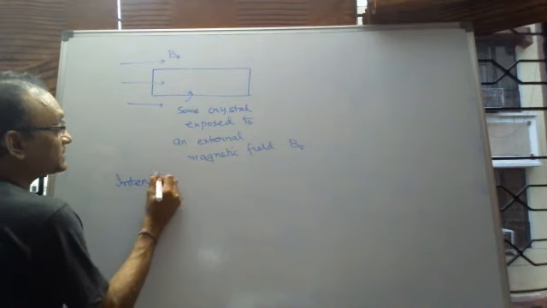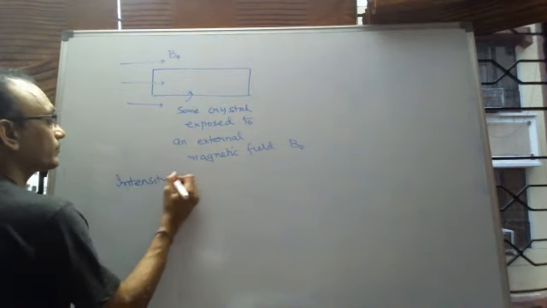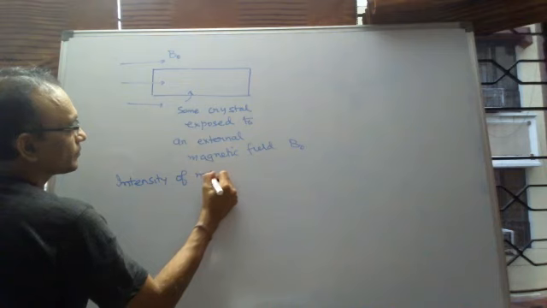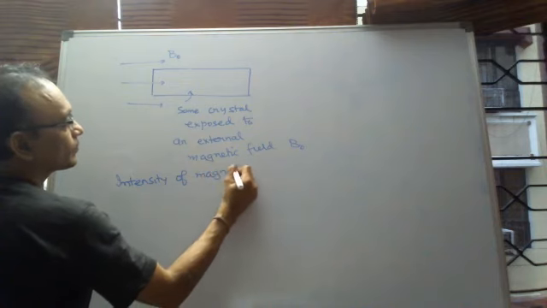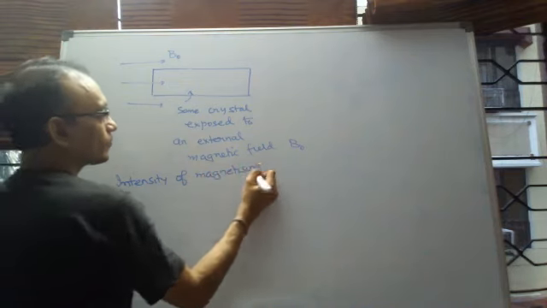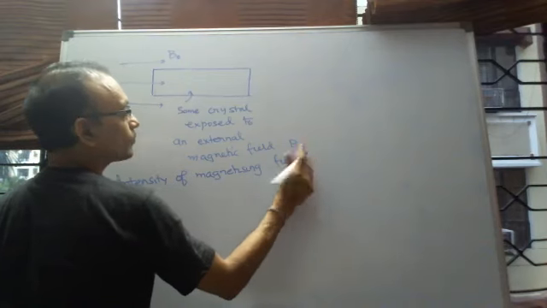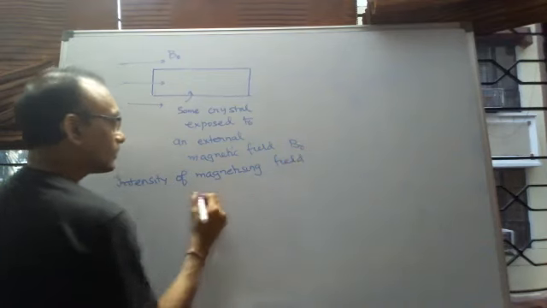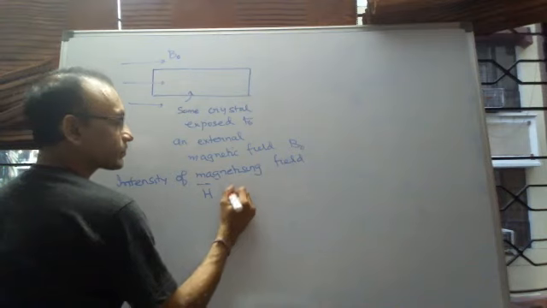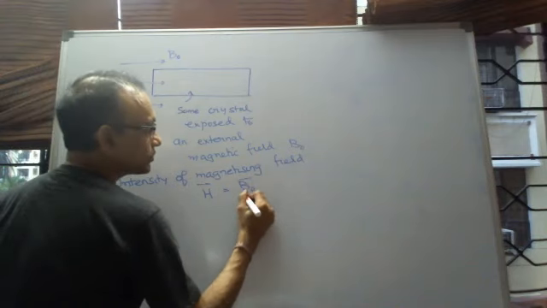intensity of magnetizing field. The vector H as the vector B naught by mu naught.